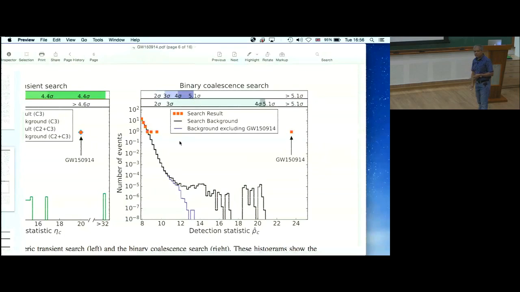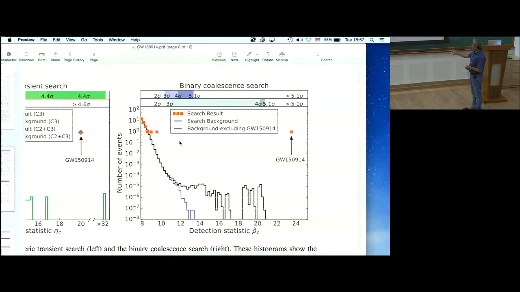So that's the black curve. And look at how sharply it is falling off as a function of detection statistic. Going from 9 or 10 to 10 or 11, there is about 2.5 orders of magnitude difference in the number of events. The significance grows extremely quickly as a function of the detection threshold.